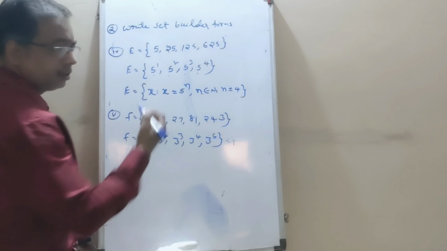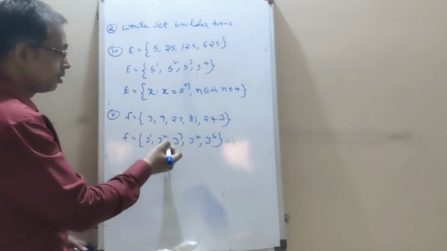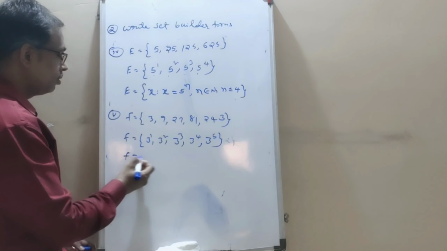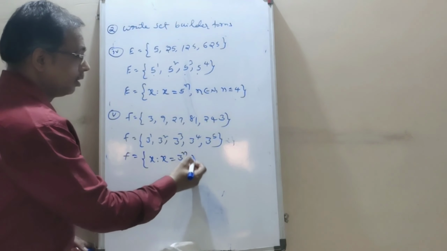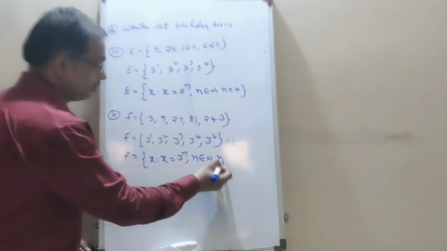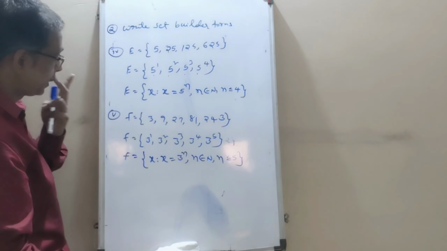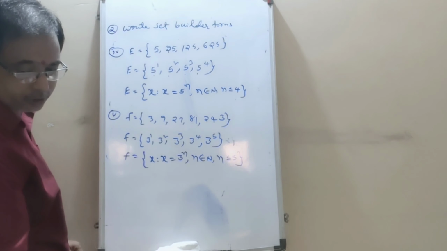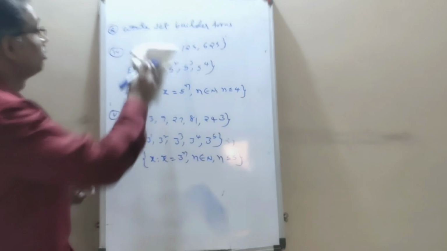Already we know that process, so we write each number in the form of an exponent. So x such that x is equal to 3 power n, where n belongs to the natural numbers and n is less than or equal to 5. Like this we have to separate the forms. And one more is there.